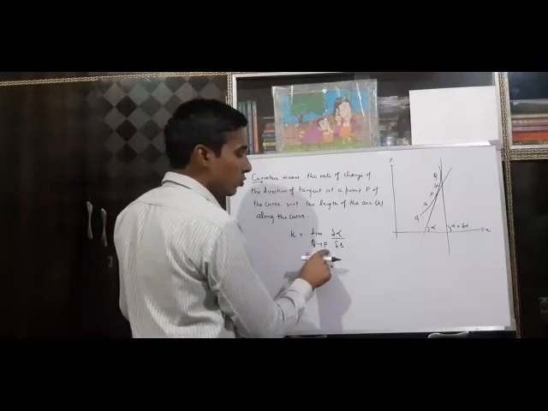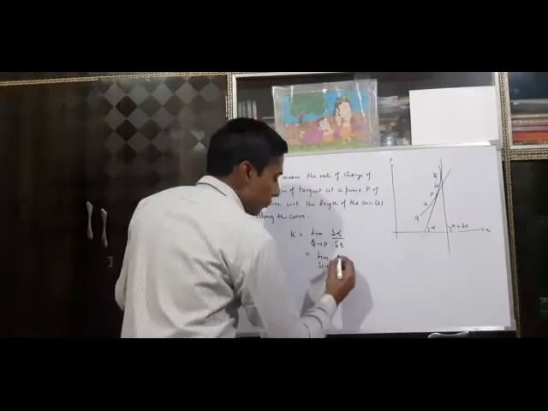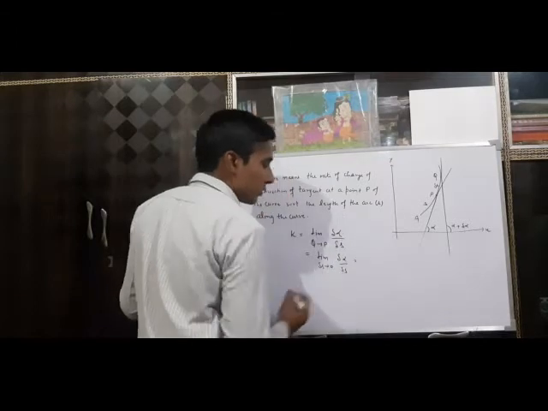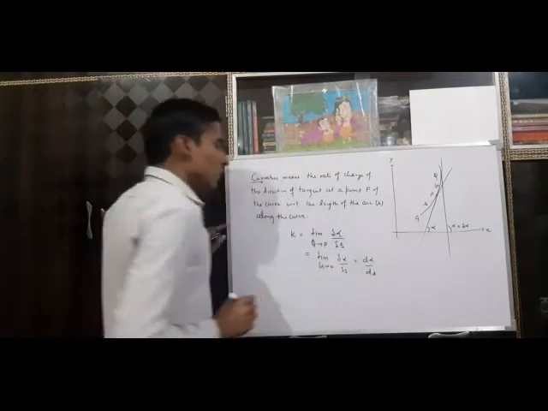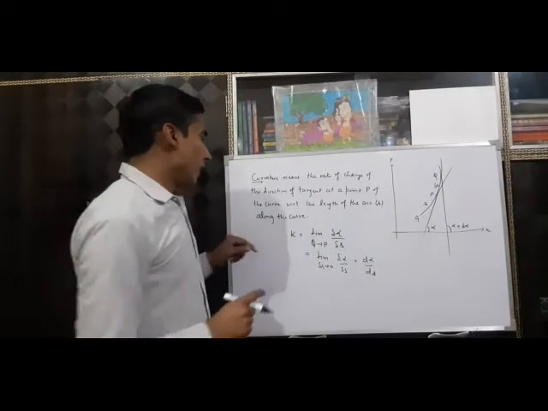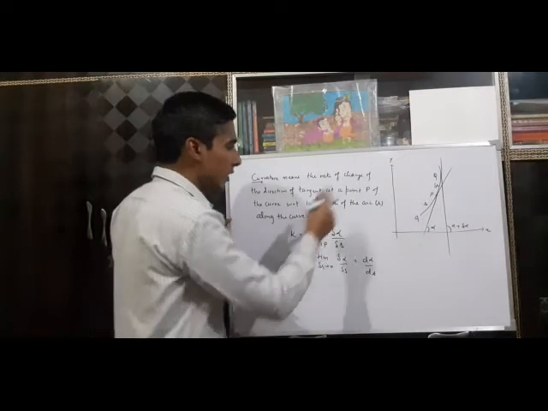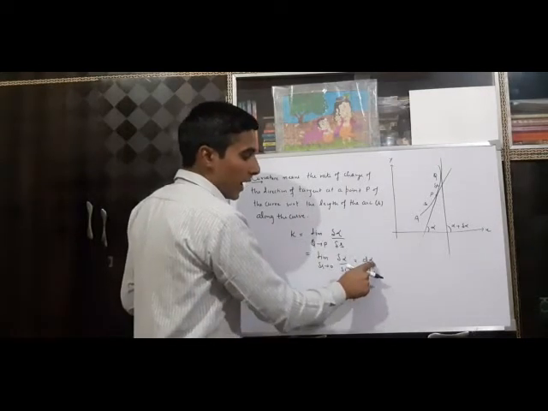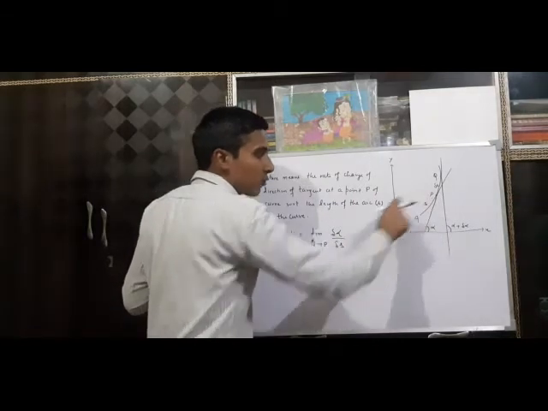When Q approaches to P, it means the length delta S approaches to 0, and this is delta alpha by delta S, which is d alpha by ds. So mathematically, when we calculate the curvature at a particular point P, this is nothing but the derivative of angle alpha with respect to S. S is the length of the arc AP.